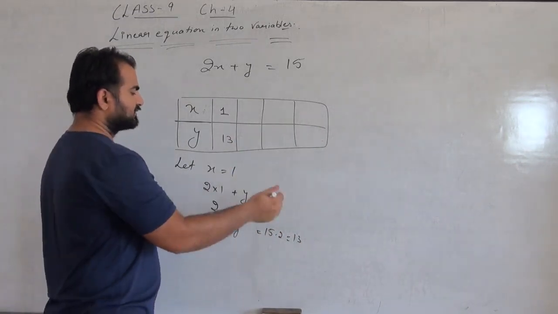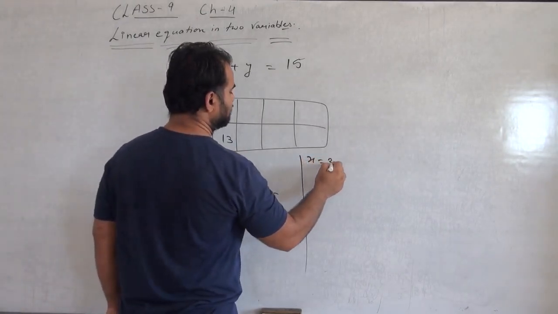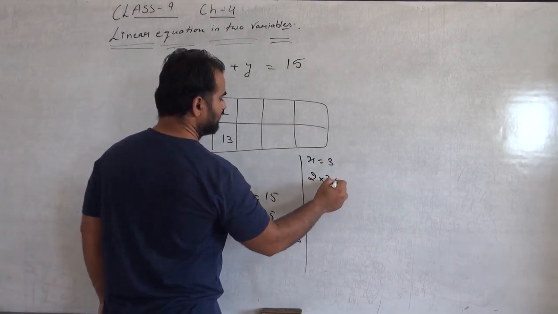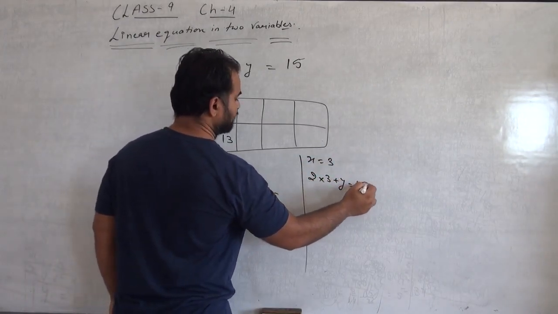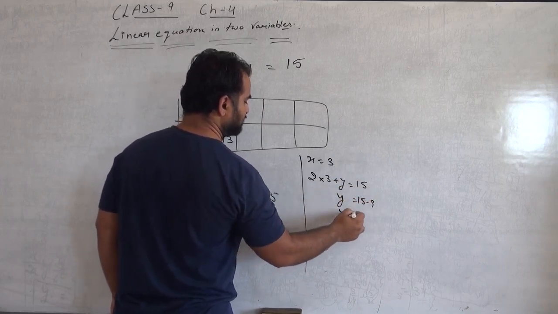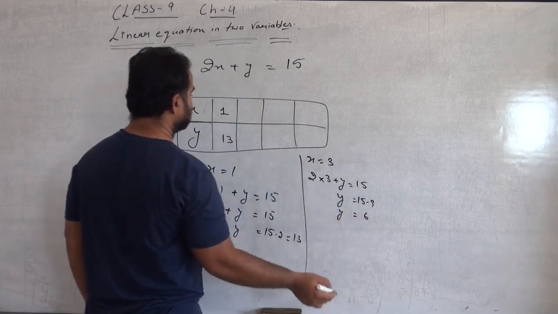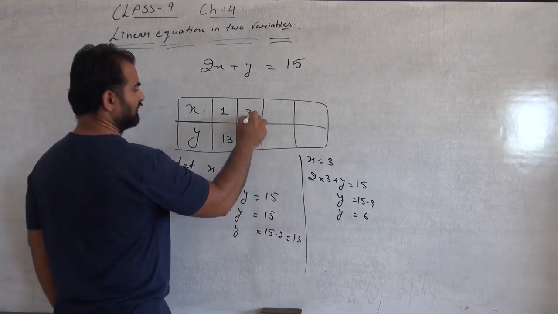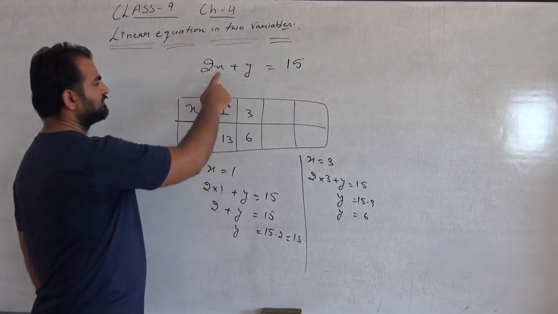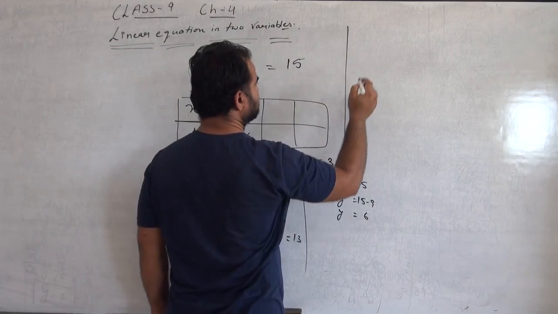Next, I am placing x equals to 3. So it will be 2 multiplied by 3 plus y equals to 15. So y equals to 15 minus 6, which is 9. So x equals to 3 and y equals to 9. What if we place x equals to minus 1?